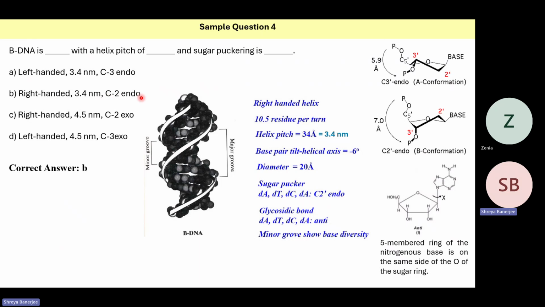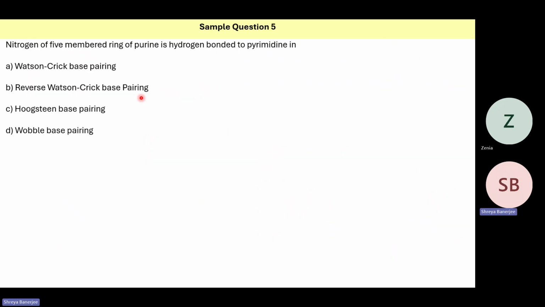The next question is asking, nitrogen of 5-membered ring of purine is hydrogen bonded to pyrimidine in what kind of base pair?